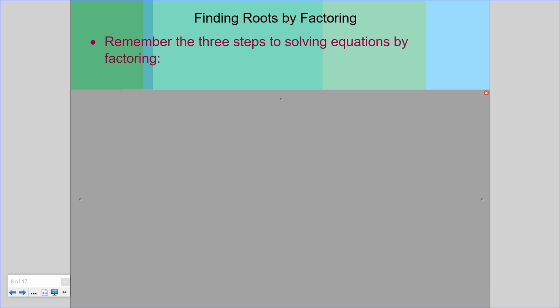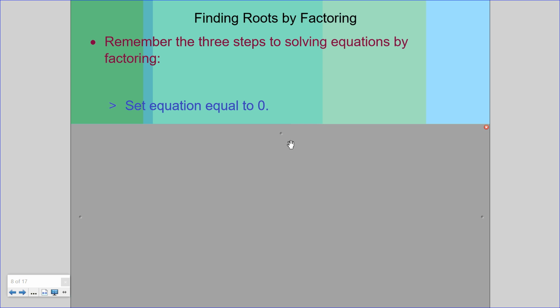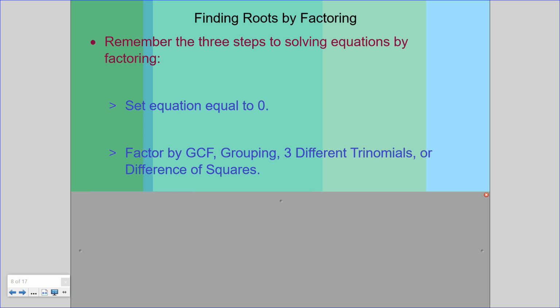So today, finding roots by factoring. So remember the factoring steps to solve equations. We always start by setting our equation to 0. So that may mean replacing y with 0, or just setting whatever your equation is equal to 0. From there, we will factor that side of our equation.